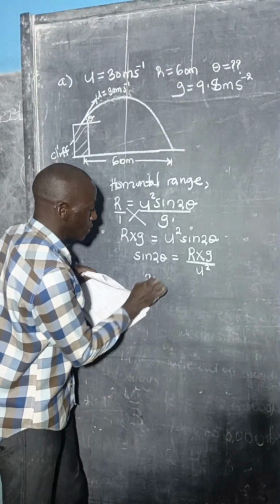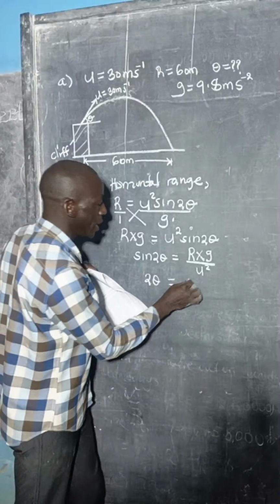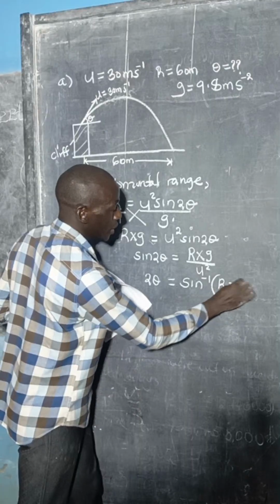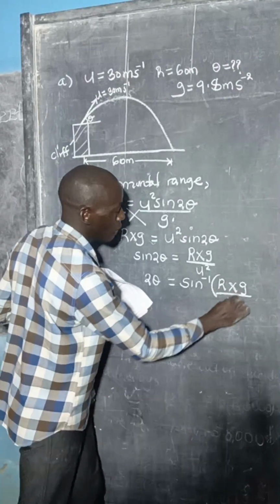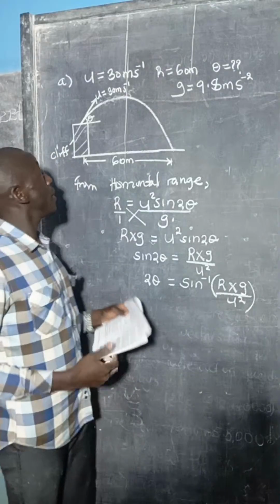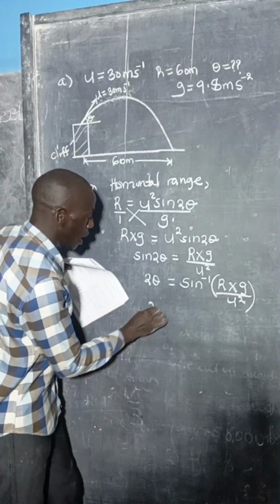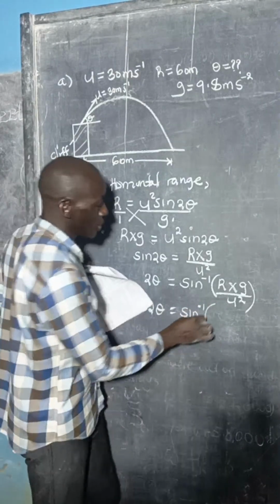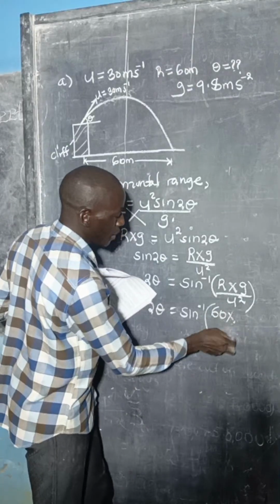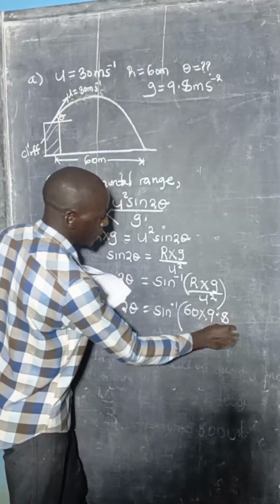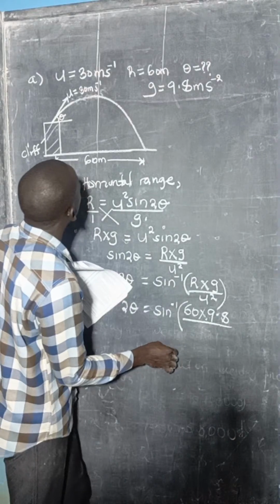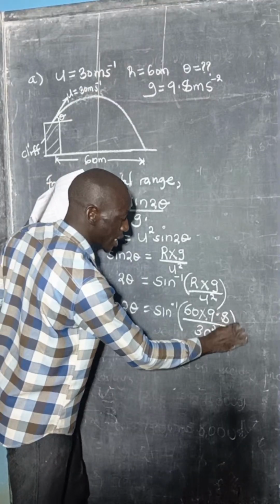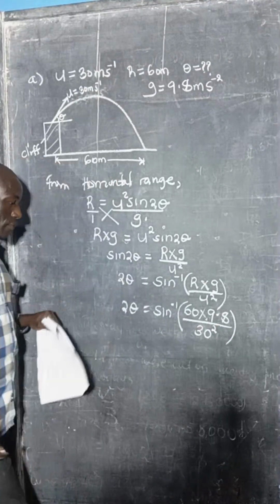So meaning that our 2 theta will be given by the arcsine of R g divided by U squared. And we have all of it. So I'm going to say 2 theta is the same as the arcsine of 60 times 9.8 divided by our U squared.